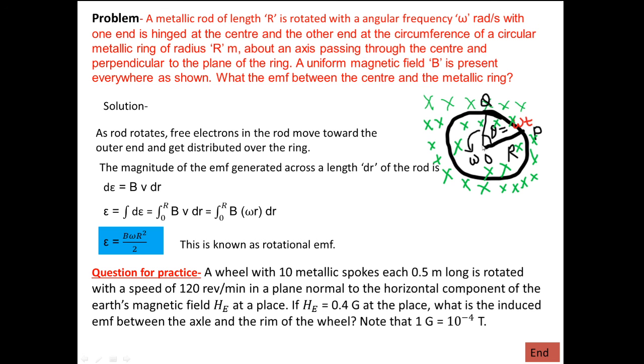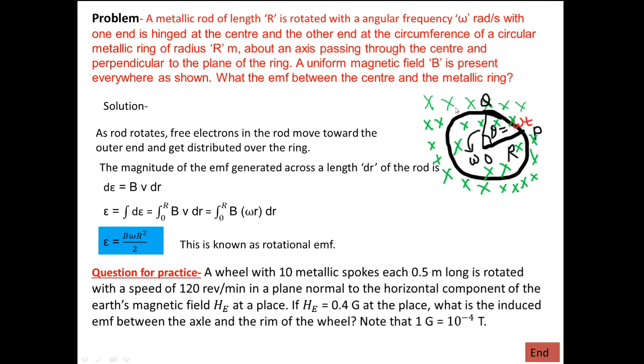You might have seen a dynamo attached to some bicycles, especially by people who ride bicycles at night. They use a dynamo for the light, which works due to the rotation of the spokes and the rim. Now the solution.